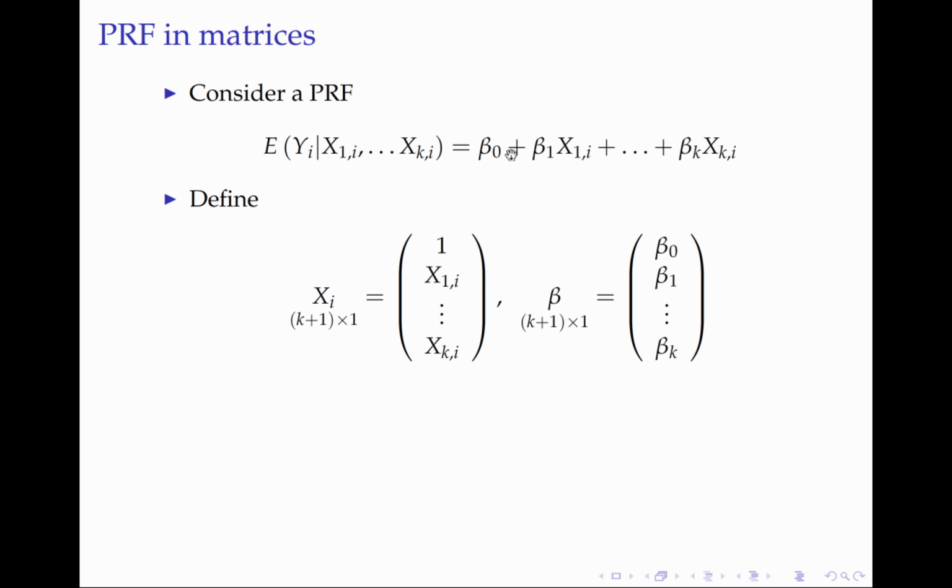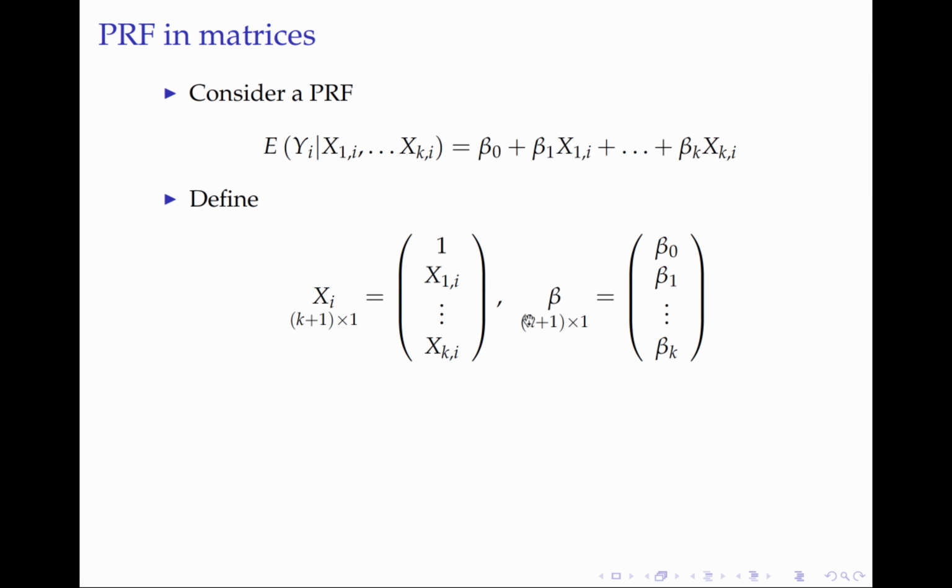There's implicitly a 1 sitting after that beta naught. And then x1 dot dot dot xk. So that vector, a (k+1) times 1 dimensional vector, contains all the explanatory variables. And corresponding to that, we'll define a vector with all of the individual coefficients, beta naught, beta 1, up to beta k. That's the same dimension, (k+1) times 1.